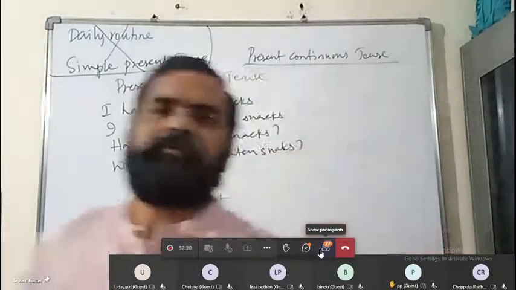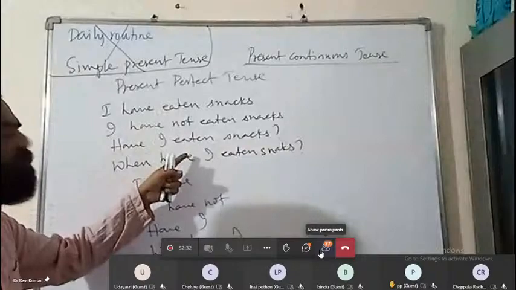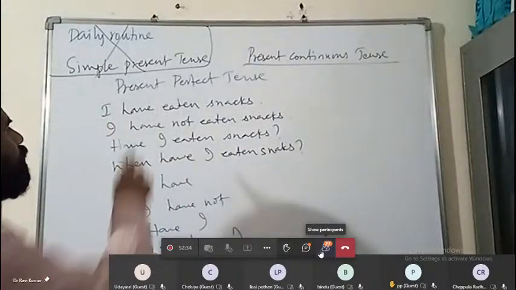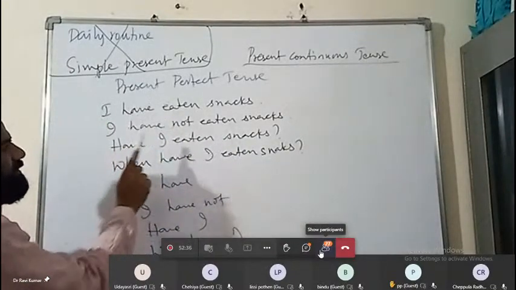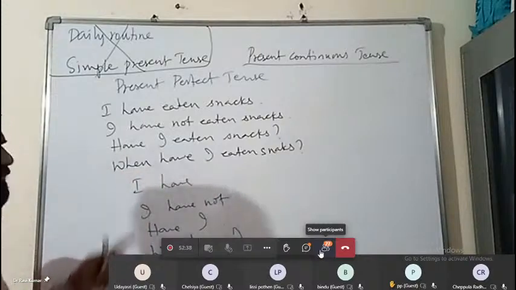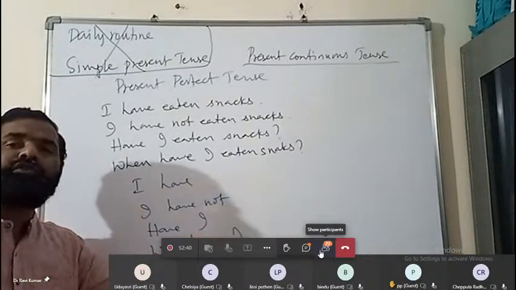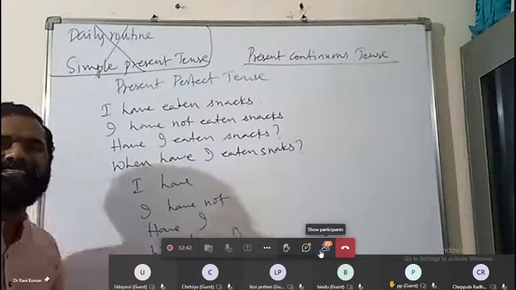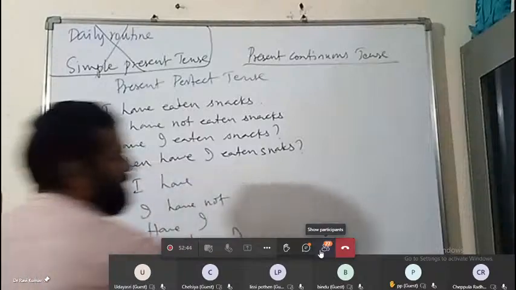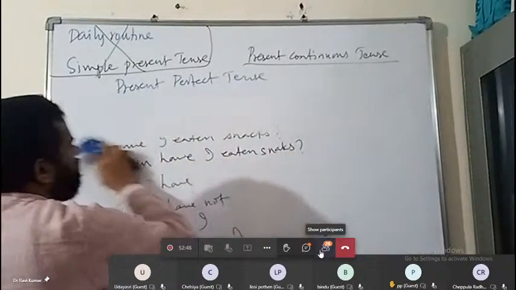Have you finished writing? I've given you four samples: positive, negative, yes or no question, WH. And you are supposed to fill up these blanks. Let me give you one more.